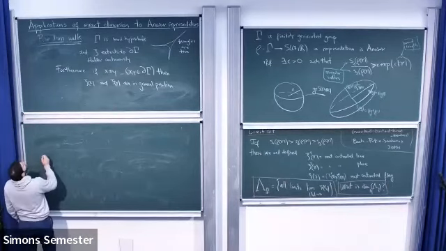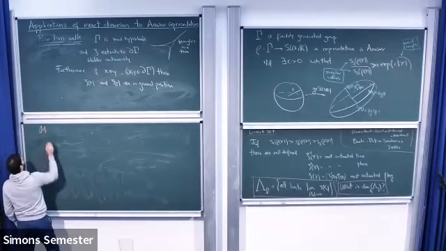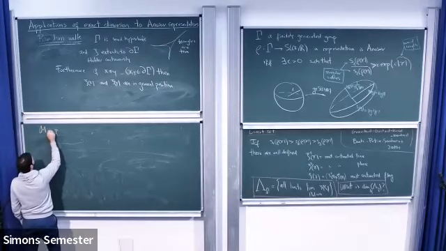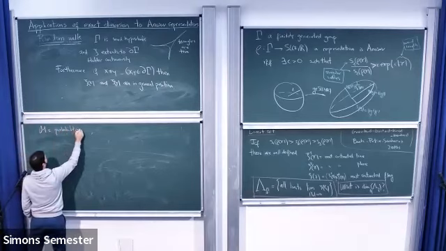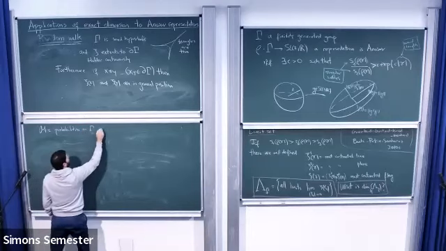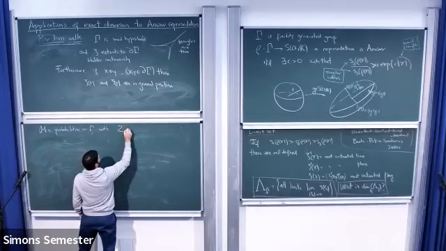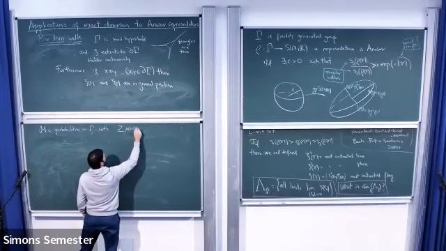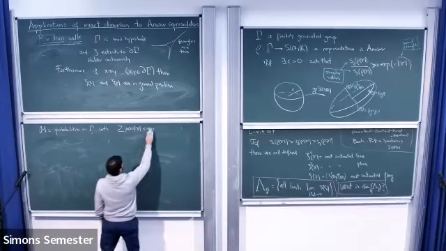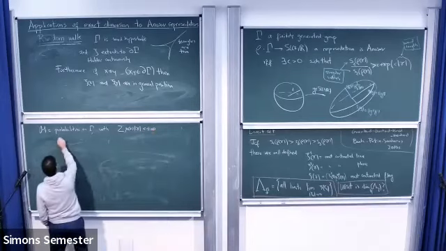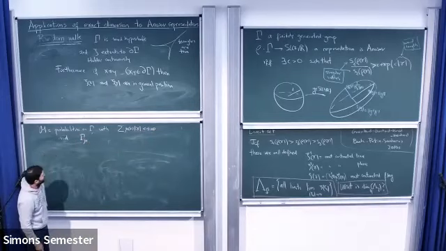To do this, I already wrote the walks, so I didn't say anything about it. What you're going to do is take a probability measure mu on gamma with finite first moment, as a mean. So this is the semigroup generated by the support.